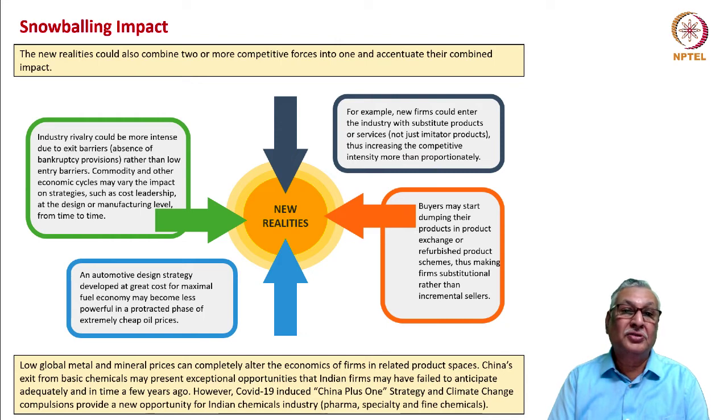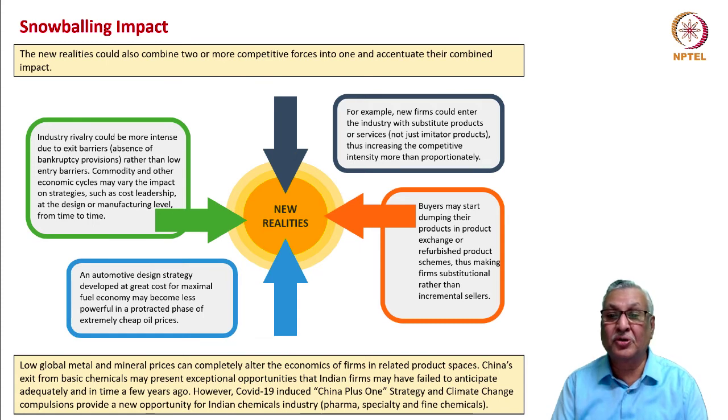The new realities could also combine two or more competitive forces into one competitive force and accentuate their combined impact. For example, new firms could enter an industry with substitute products or services, not just similar products or imitated products. Therefore, the competitive intensity will be exponentially increased.